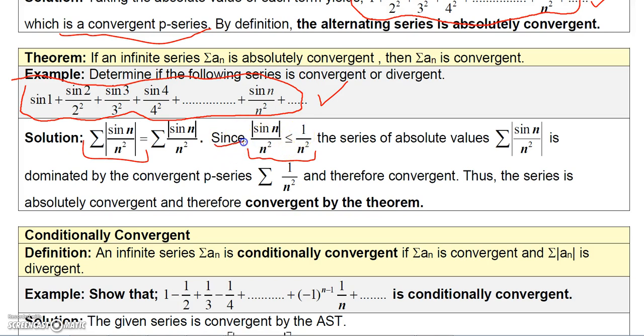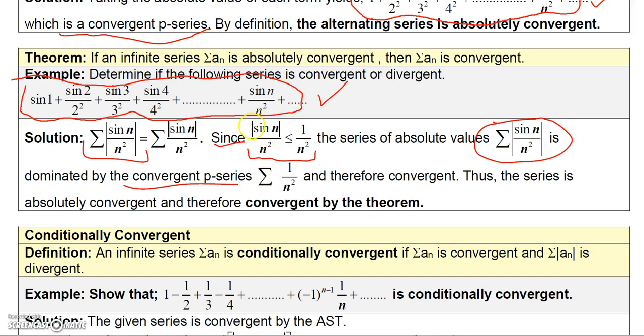So since this is true, we know that the series of these absolute value terms is dominated by that convergent p-series.